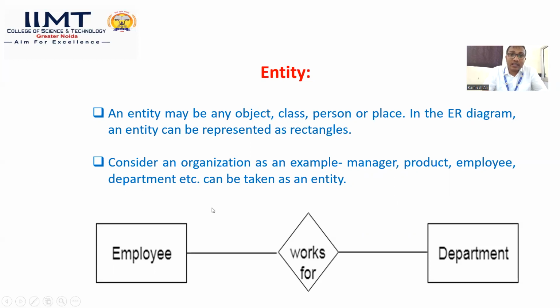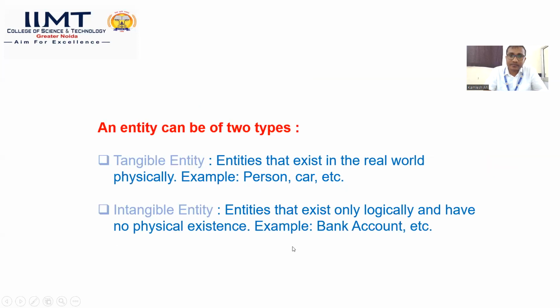Consider an organization as an example: manager, product, employee, department, etc. can be taken as entities. Suppose employee is an entity and department is an entity. Between both, we create a relationship: an employee works for a department. So works for is a relationship.